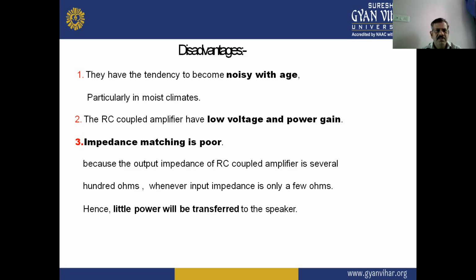And next one is the impedance matching is poor in this multi-stage amplifier, because the output impedance of RC coupled amplifier is several hundred ohms, whereas the input impedance of the speaker is only a few ohms. Hence, little power will be transferred to the speaker. So these are some disadvantages of the multi-stage cascade amplifiers.